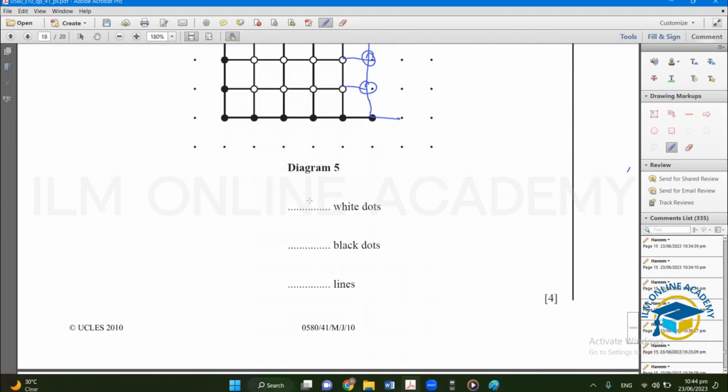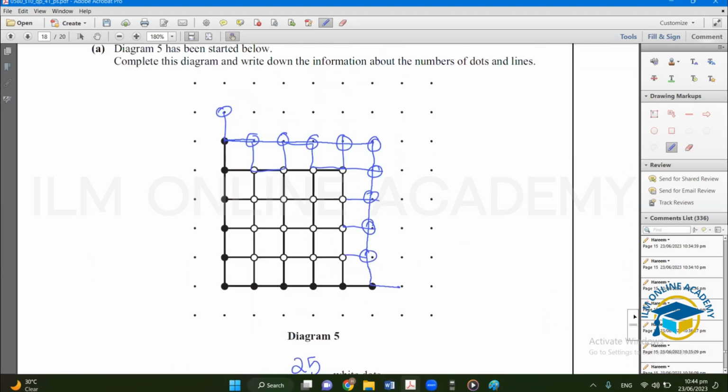Okay, so it has 25 dots. Now the black dots, what about the black dots?